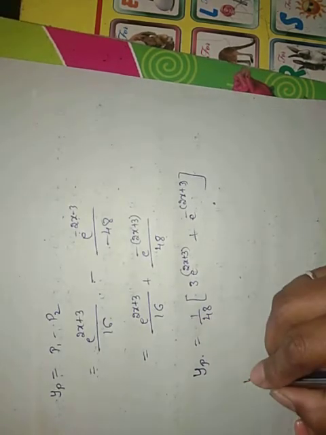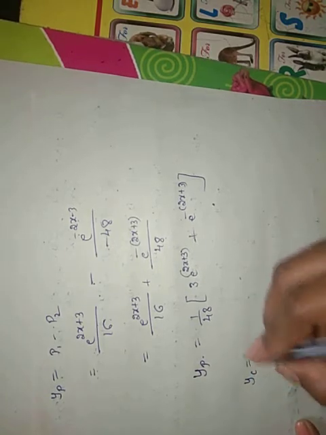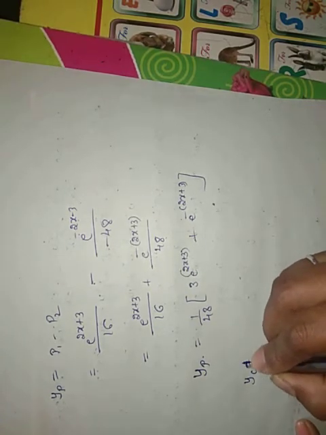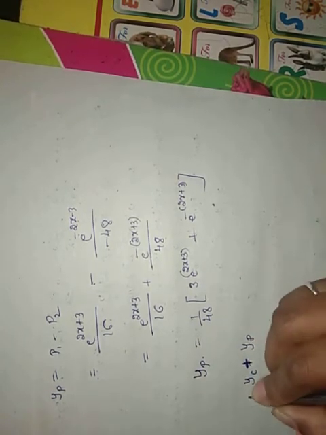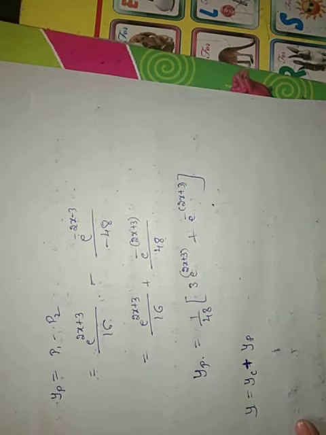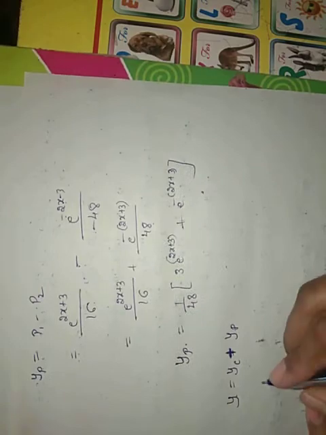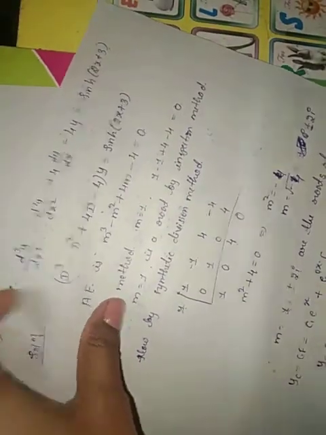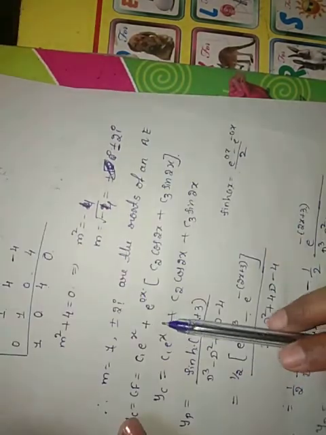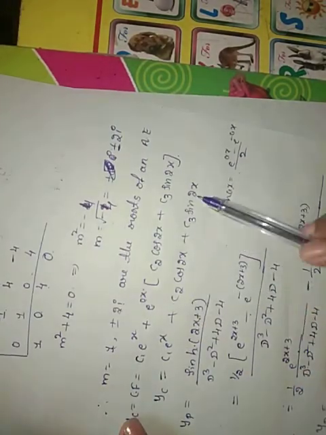Now our complete solution is y is equal to yc plus yp. So our complementary function is c1 e raised to x plus c2 cos 2x plus c3 sin 2x.